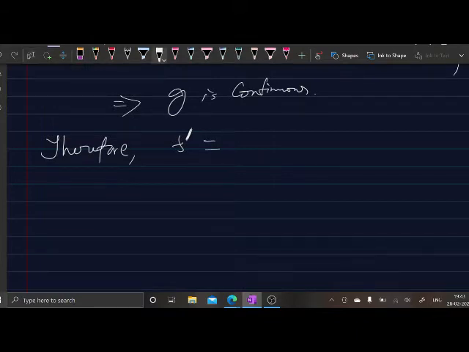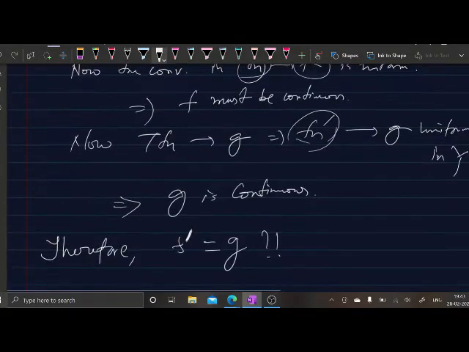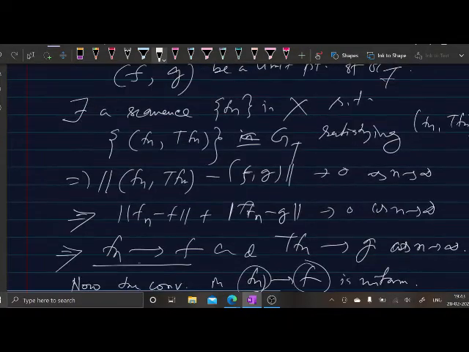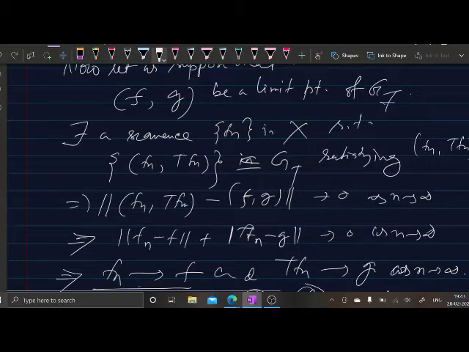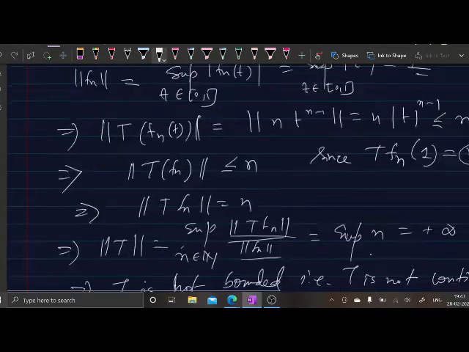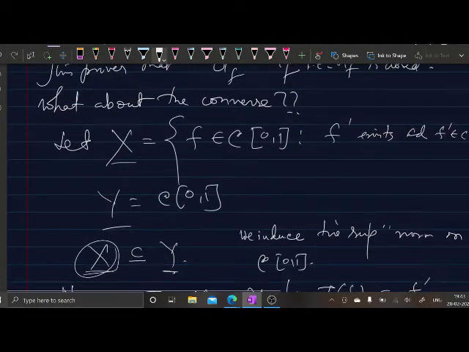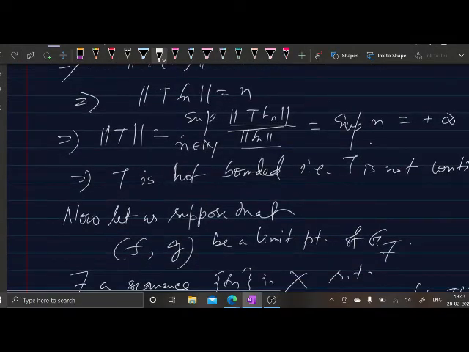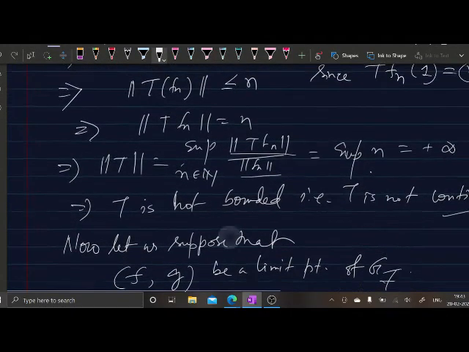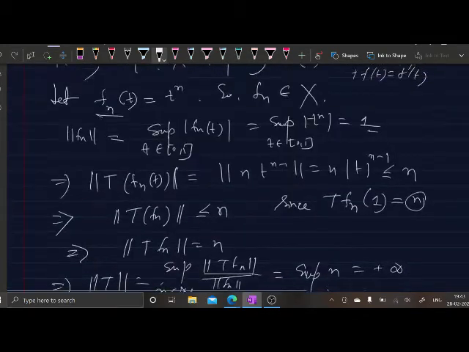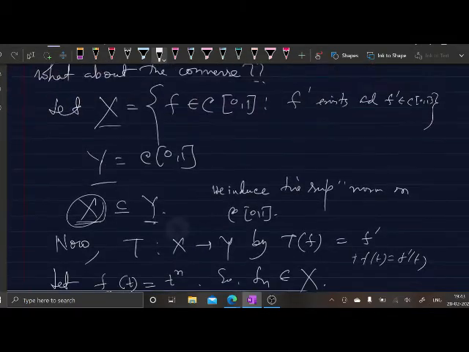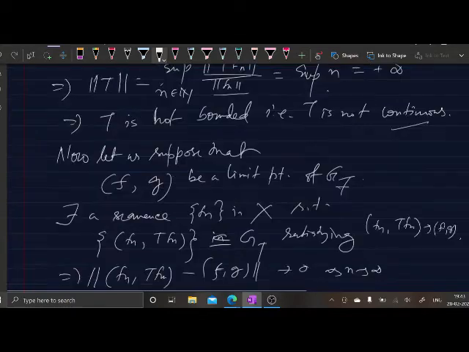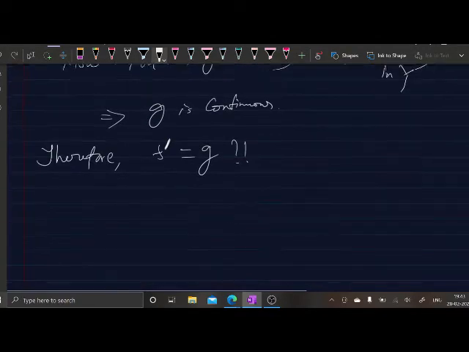Is it equal to g? Is it true? It is the limit point of G_T. Now you have already proved that the map T is not continuous. Then how to show that this f dashed is actually equal to g?